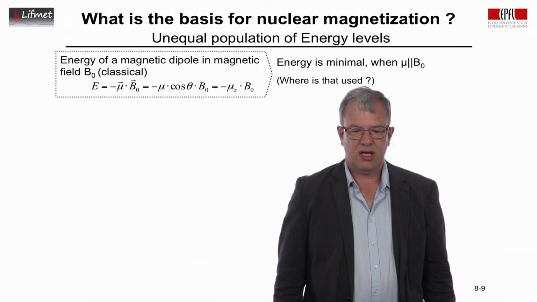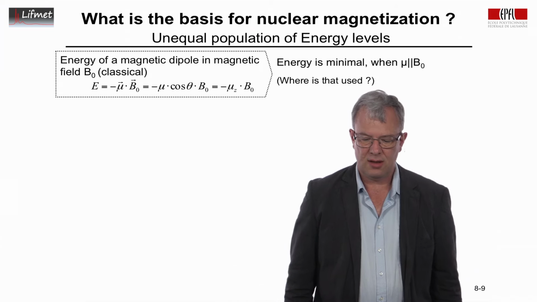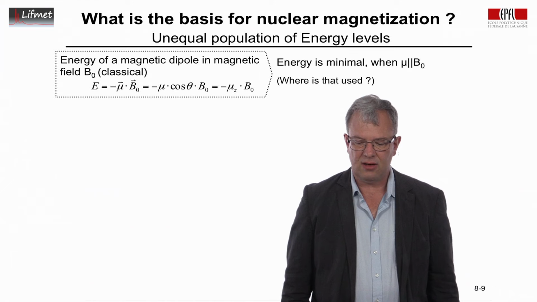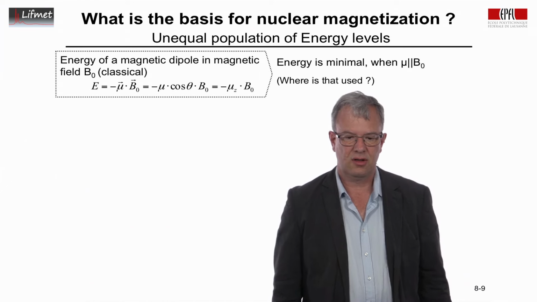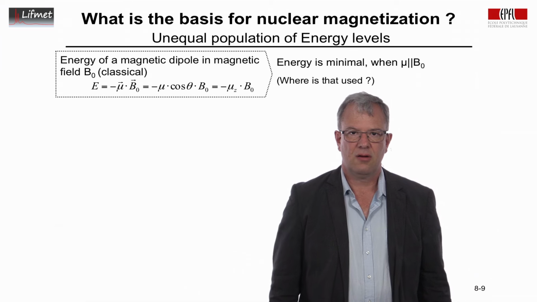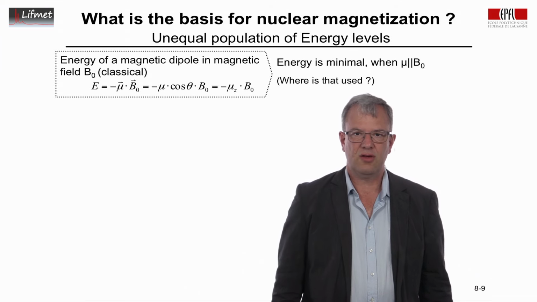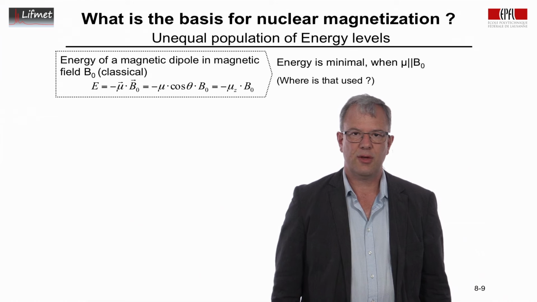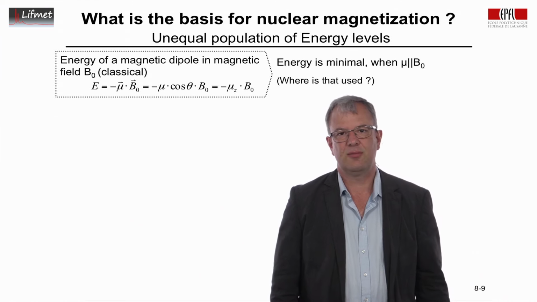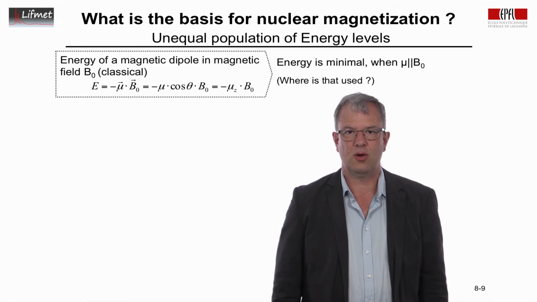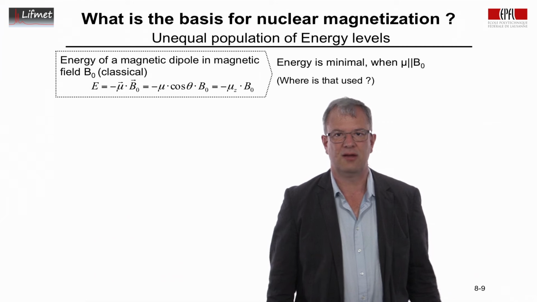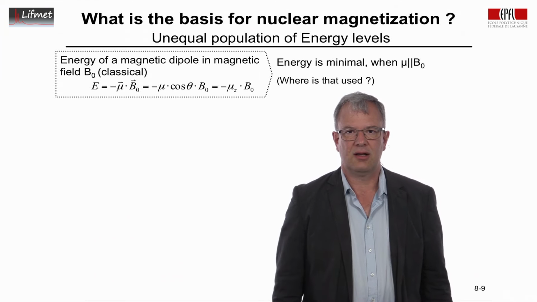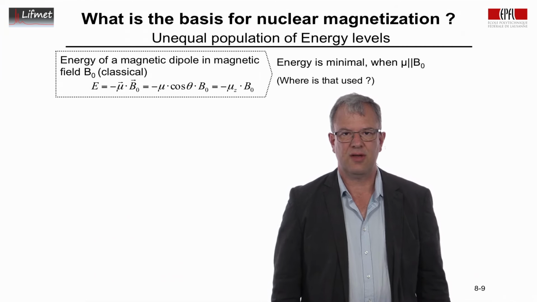Now, this energy is minimal when the magnetic dipole is aligned with the magnetic field. That is actually used. Where was it used? Well, think about Christopher Columbus. He needed to know where the North Pole is, so he had to use a way to identify the magnetic North Pole, and this was done with magnetized needles orienting in a liquid parallel to the Earth's magnetic field.